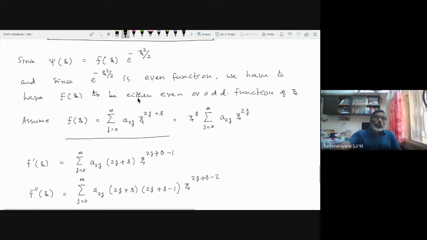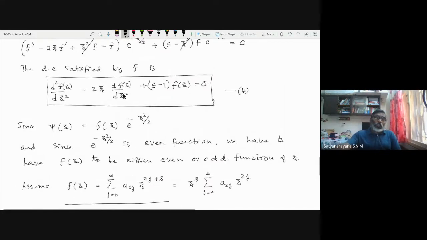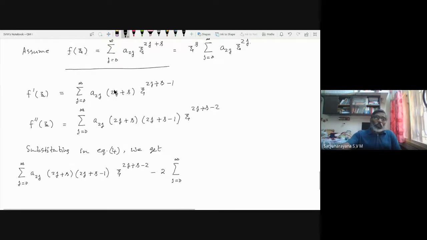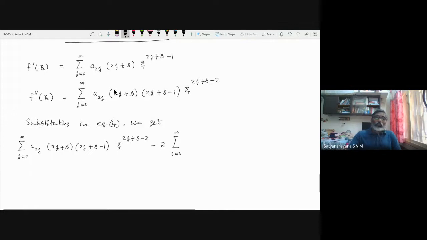Remember, I have 2 into psi here. There is a psi sitting here. If I take that psi inside, then I will have a_2j into 2j plus s, psi to the power 2j plus s.